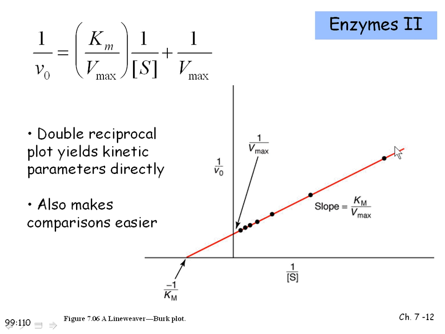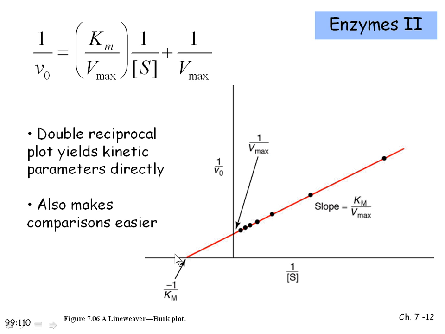So now we have something that should give us a straight line that we can then extrapolate more directly to obtain Vmax and Km. And it's easy enough to keep straight which of these is which, because the vertical axis is the reciprocal of the velocity. So it's not surprising you're going to find the reciprocal of the Vmax there. And the horizontal axis is the reciprocal of the substrate concentration.